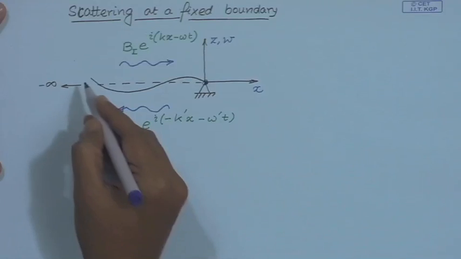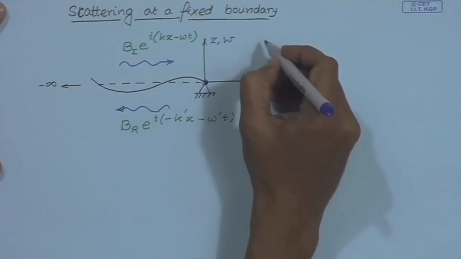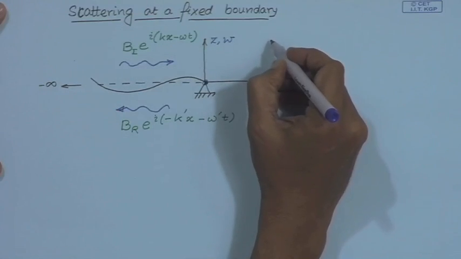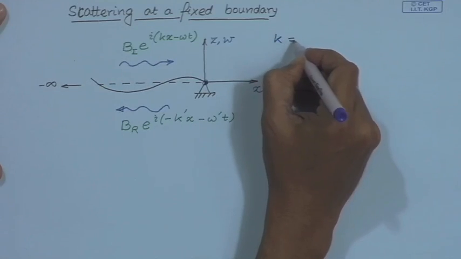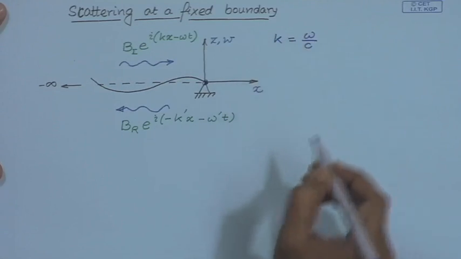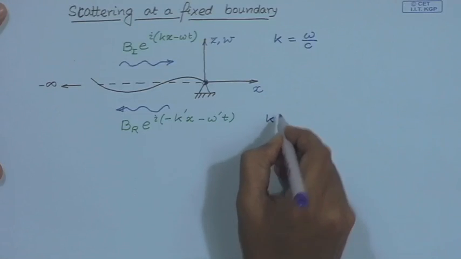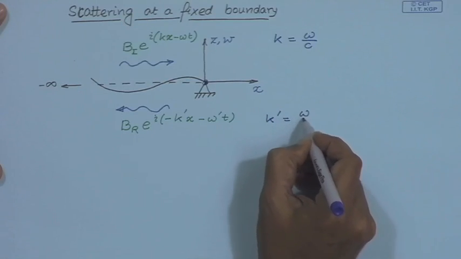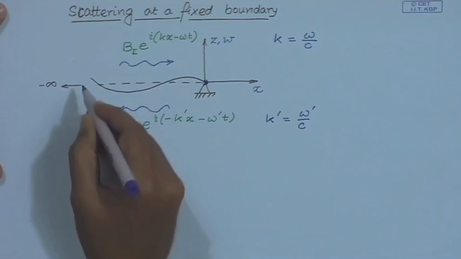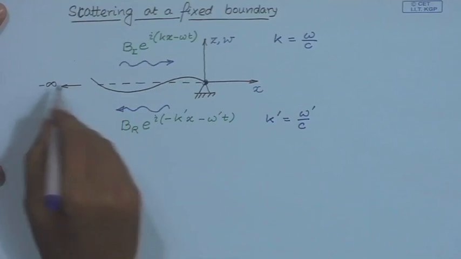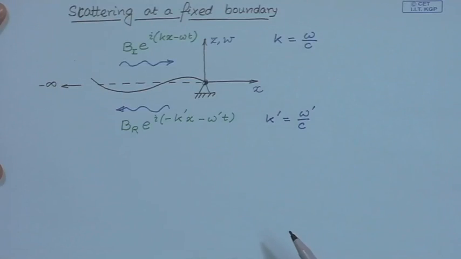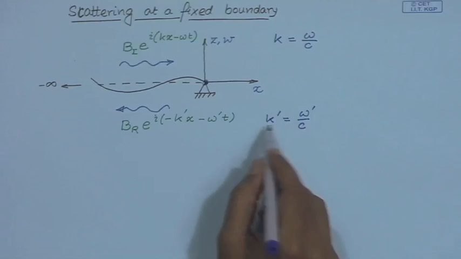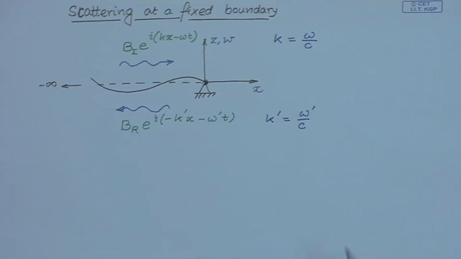Now, this medium is the same. So, as we have seen in our previous lecture, k must be equal to omega over c, and similarly k prime must be equal to omega prime over c. Since the medium is the same, the wave speeds must be the same. So, k prime and omega prime are related by these relations.